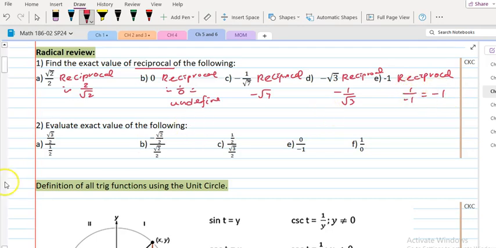Then we would also look at dividing two fractions together, like root 3 over 2 divided by 1 over 2. What we can do is simplify them by multiplying by an equivalent fraction, 2 over 2. So this 2 cancels the 1/2, this 2 cancels the 1/2.